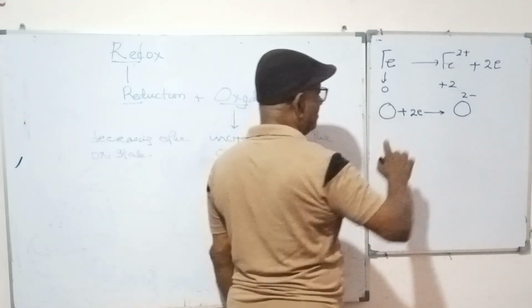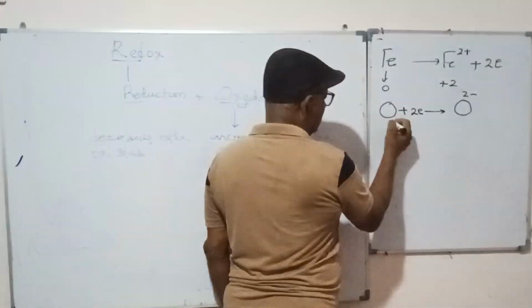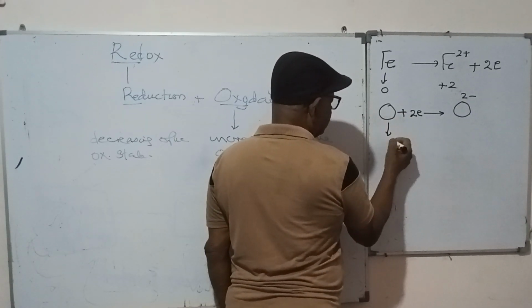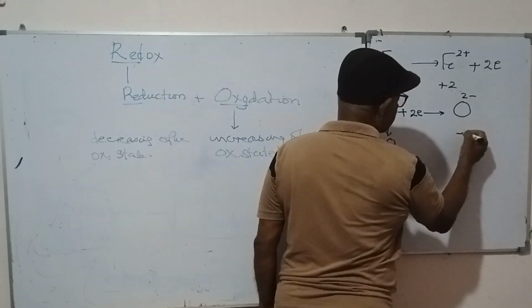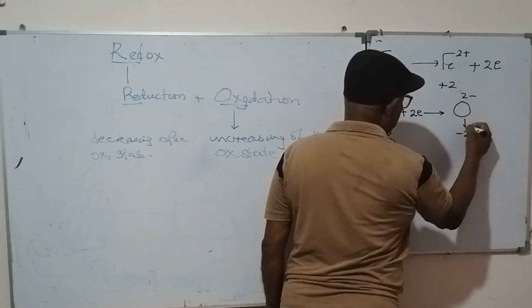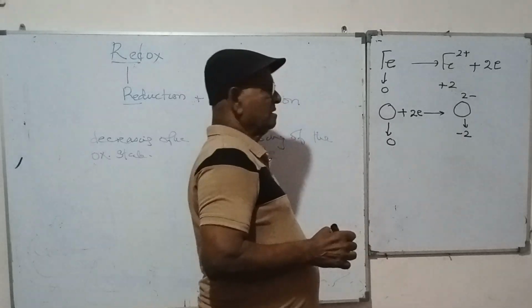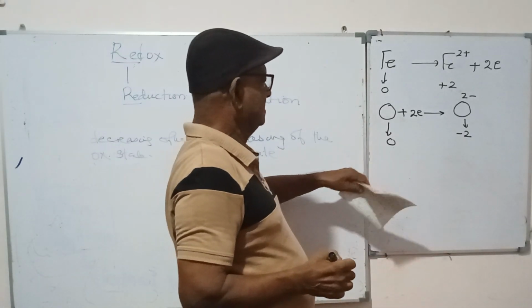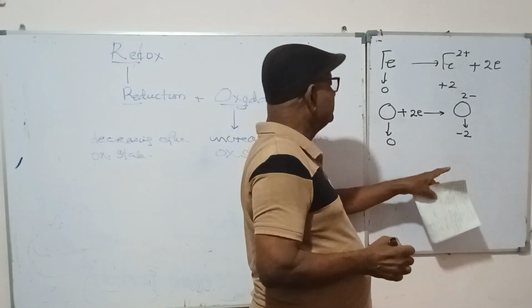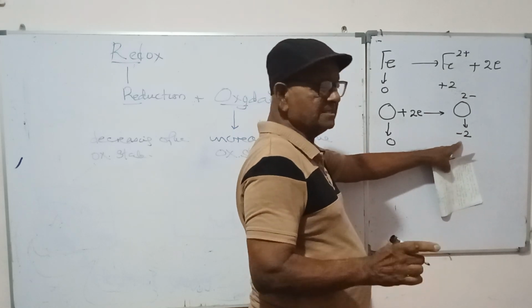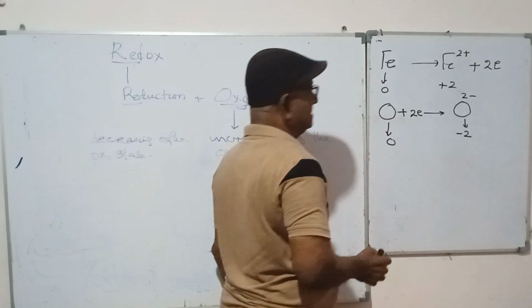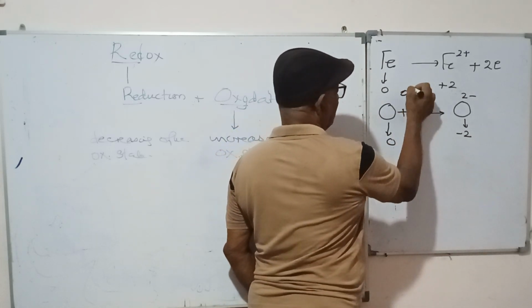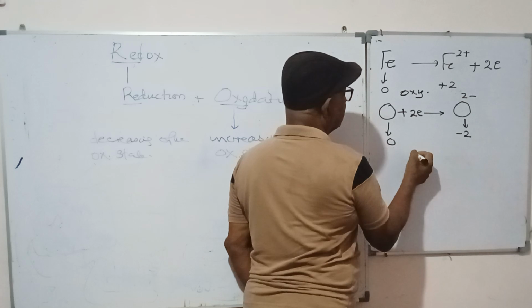Now, what happened? Oxidation state of O is 0. Now it becomes minus 2. Then, decreasing of the oxidation state of oxygen occurs. This is the reduction. This is oxidation. This is reduction.